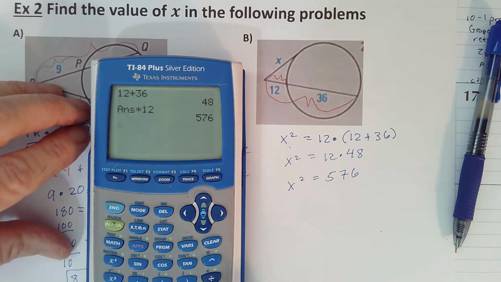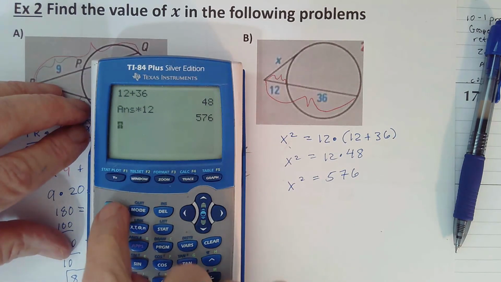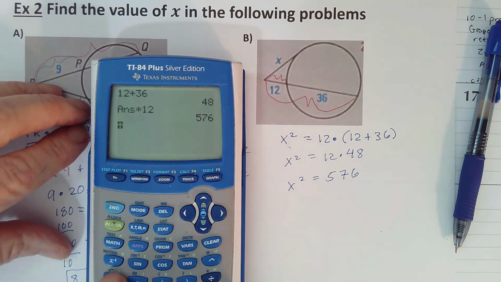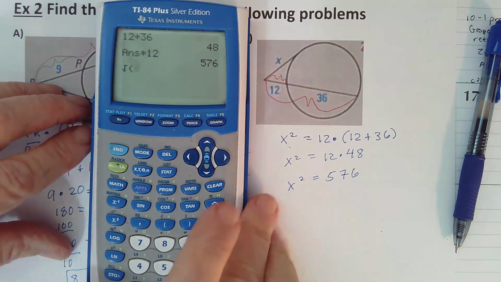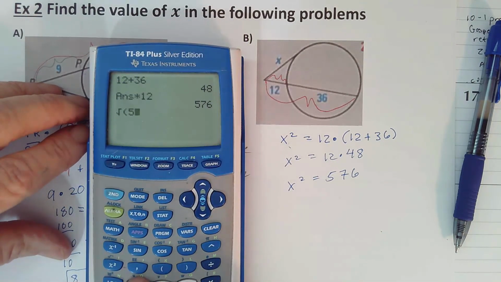So I'm going to click second, and then my square root button, and then I'm going to type in 576.